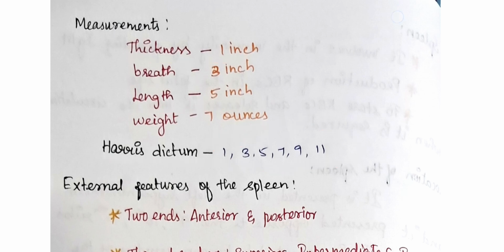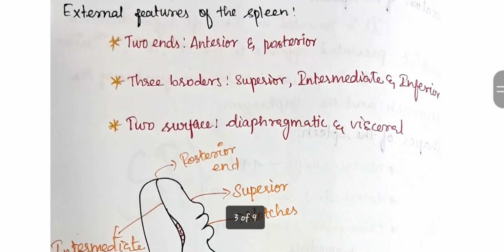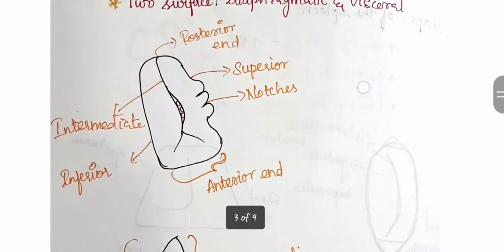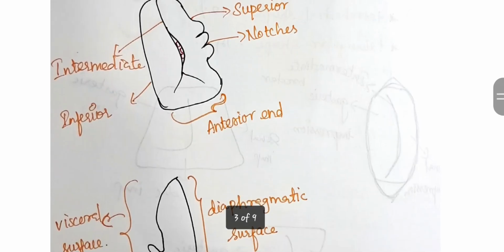Coming to the external features of the spleen, there are 2 ends, anterior end and posterior end, 3 borders, superior, intermediate and inferior, and 2 surfaces, diaphragmatic surface and visceral surface. In this picture, you can see it clearly. This is the anterior end, which is somewhat broader than the posterior end. This is the posterior end.